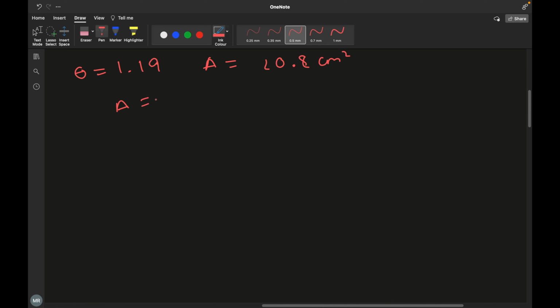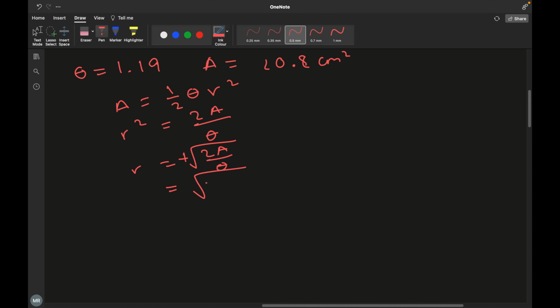We know that area equals 1 divided by 2 theta r squared. So r squared is 2A by theta, and r would be the square root of 2A by theta. We're not getting plus or minus because length cannot be a negative value.